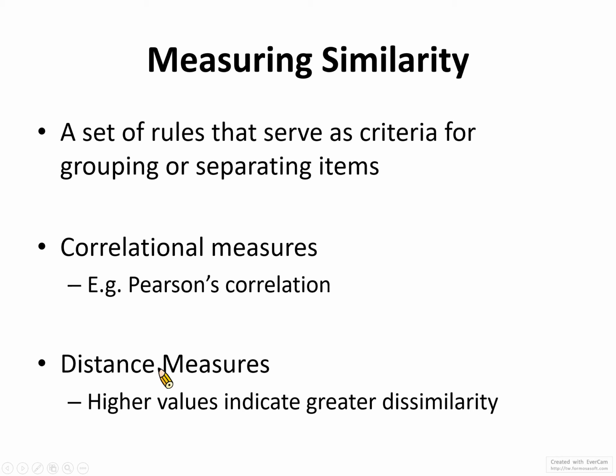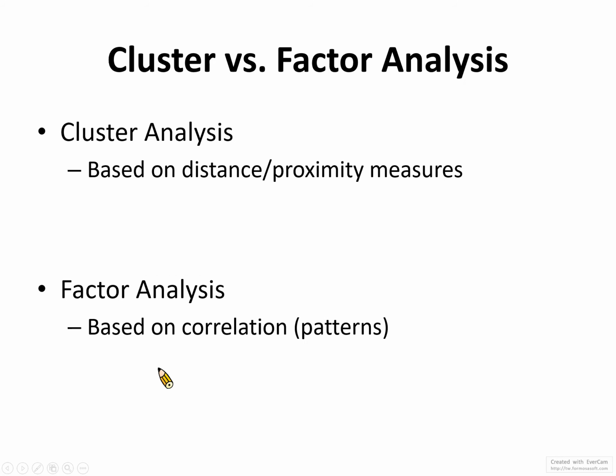Or we can measure the angle between two vectors, and if the angle is very small, then these two data or two vectors are very close. So distance measures can be many, and also in the correlation measures there are some variations. So these are two types of similarity measures.